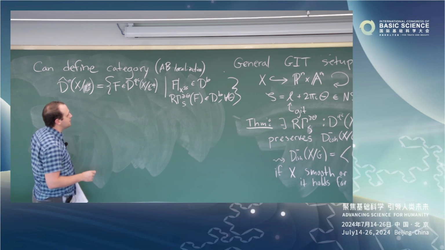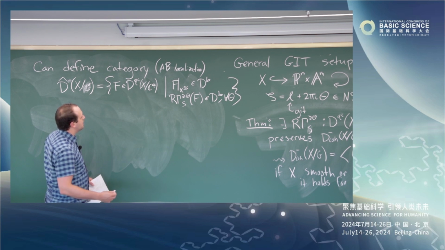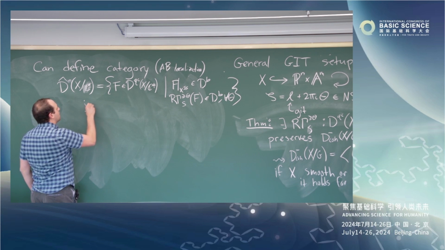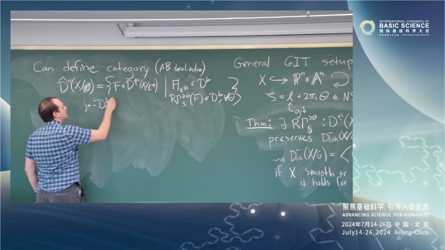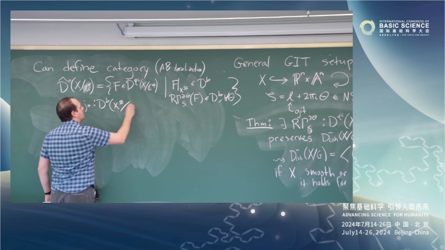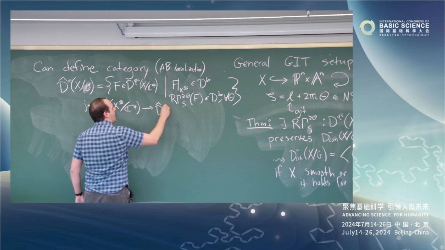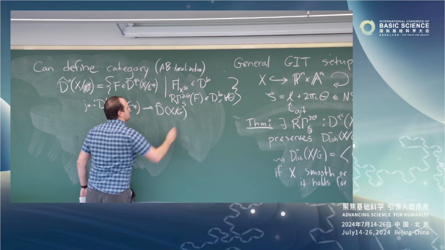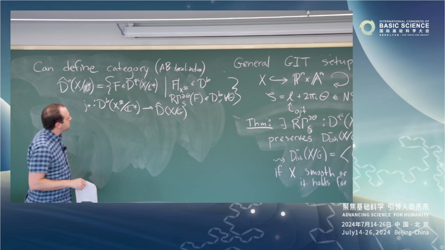So it turns out that if I push forward something, J lower star maps dB of X semi-stable mod C star to this category D hat. So it's not so much a localization theorem, it's more like a completion, doing this procedure.